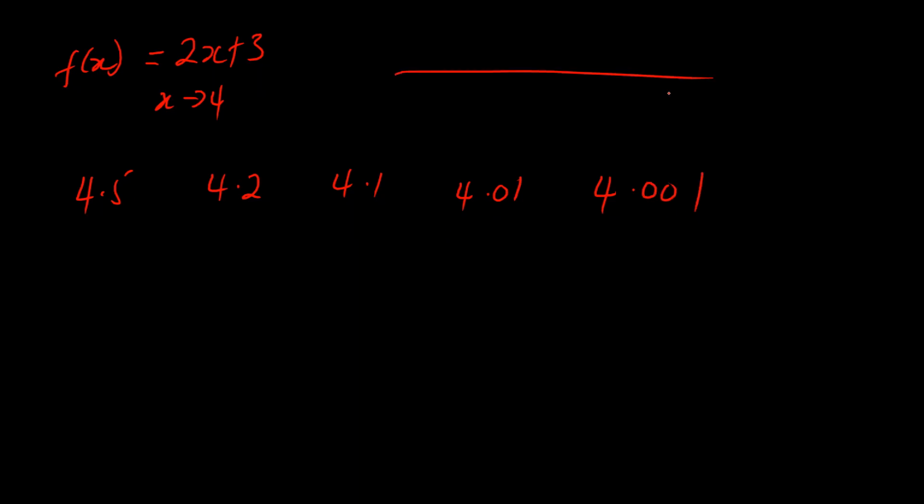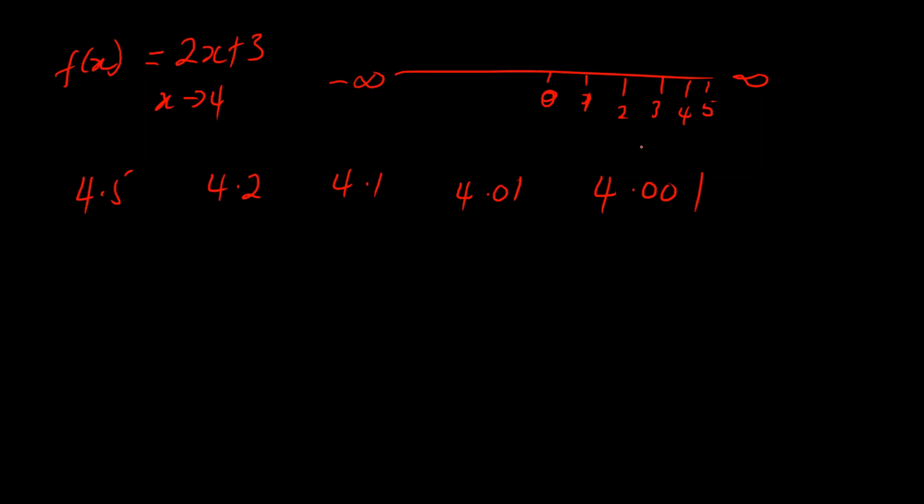Remember, on the number line, this is positive infinity and this is negative infinity. So if this is 0 and this is 1, this is 2, this is 3, and this is 4, all the way to infinity, then let's say this is 5.